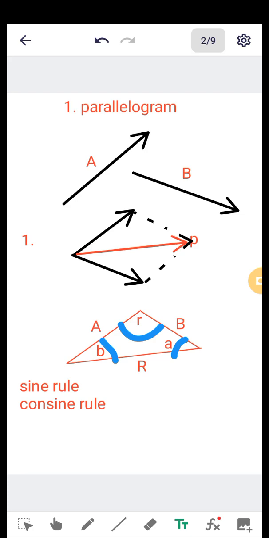If you take a look at this diagram, R is the side.